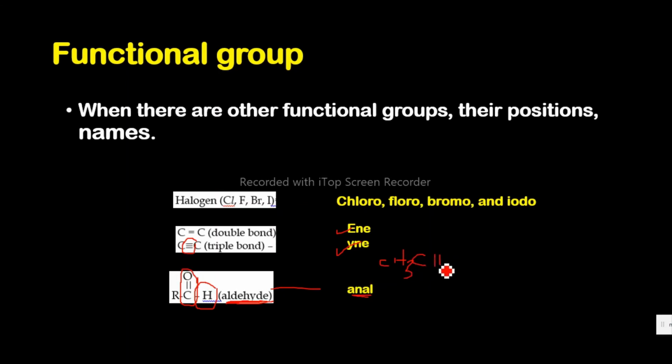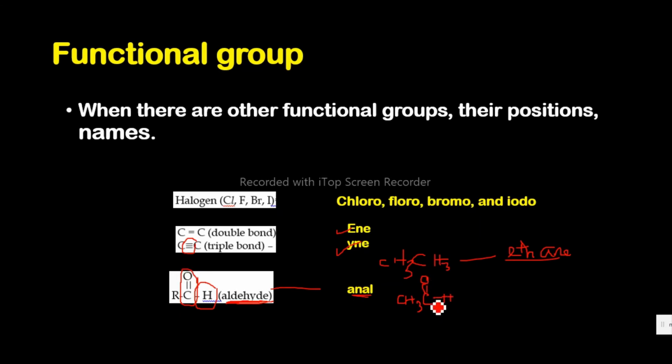For example, if we can name this, in this it is CH3. So this is ethane. But if I replace the 2 hydrogens here with the oxygen, and I form this, I replace the 2 hydrogens with oxygen, and I form this and I put the H here.